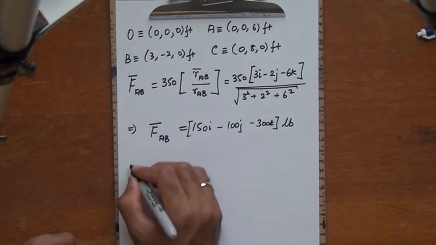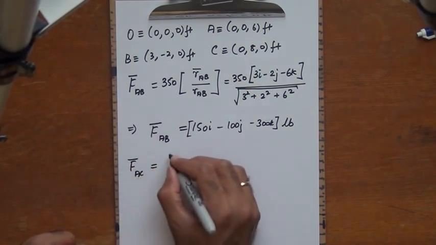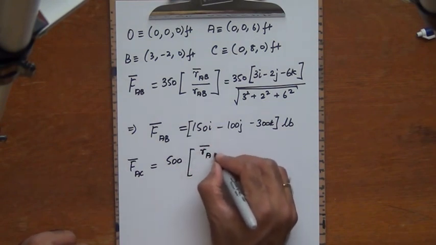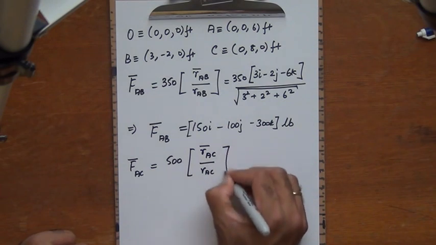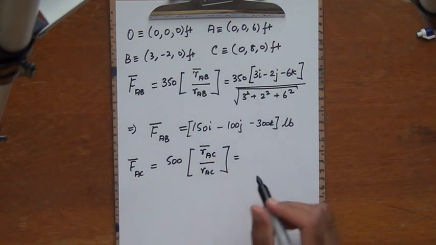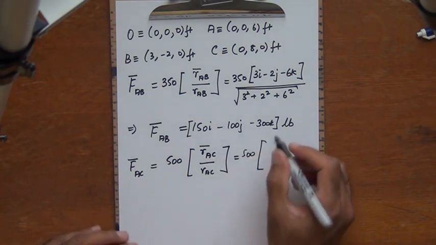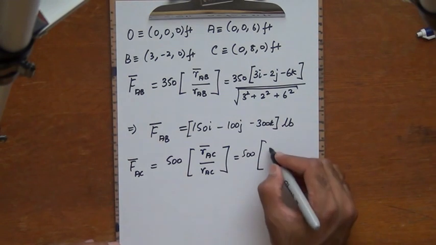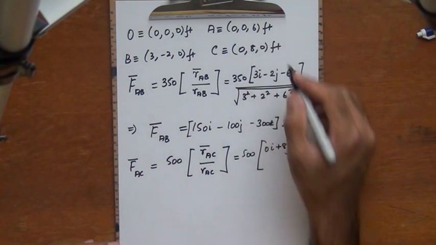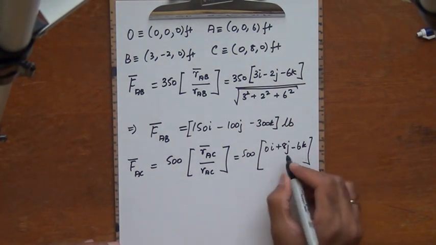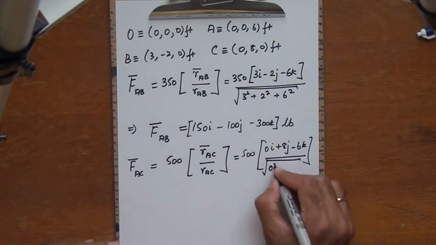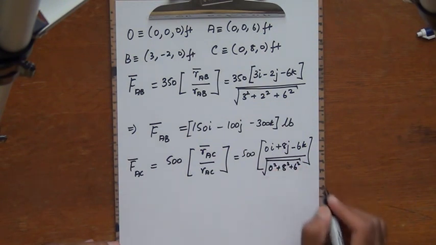Then I do the same thing for the force FAC. Force is its magnitude times the unit vector, which is the position vector divided by the magnitude of the position vector from A to C. Last point is C, first point is A, so coordinates of C minus A. So this is 500 times coordinates of C minus A, 0 minus 0, so that's 0i, 8 minus 0, that's 8j, 0 minus 6, or minus 6k, divided by the square root of the sum of the squares of 8 squared, 6 squared and 0 squared, which is going to be 100.